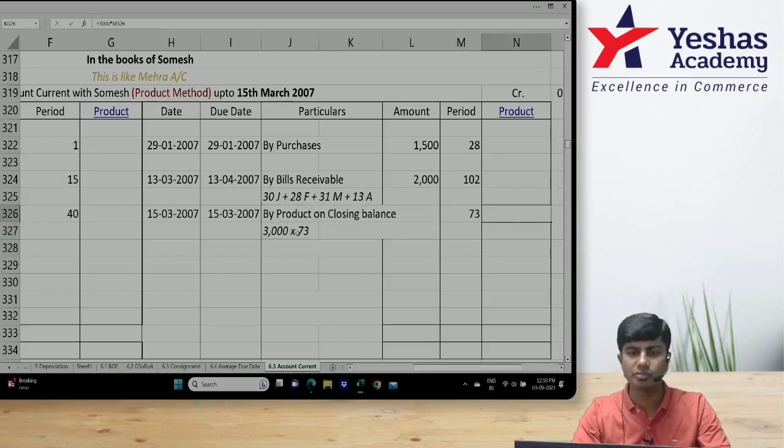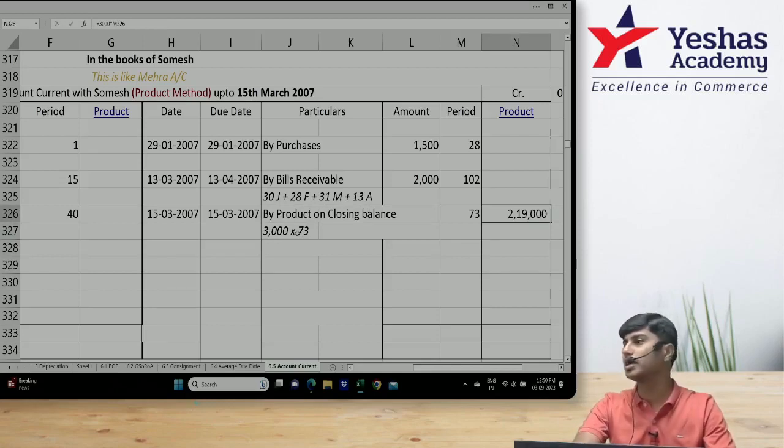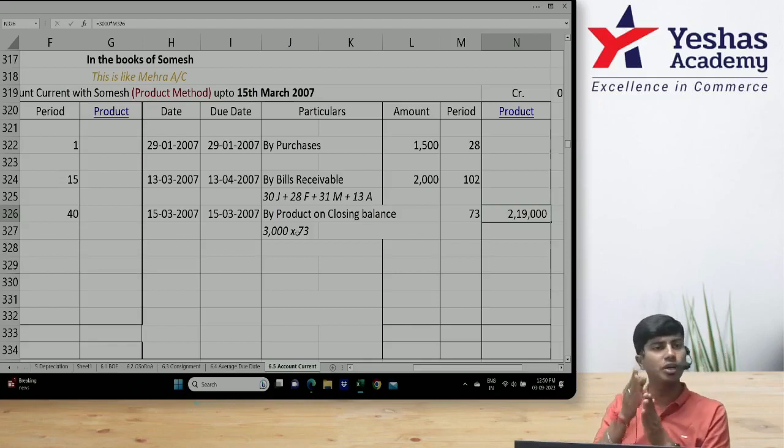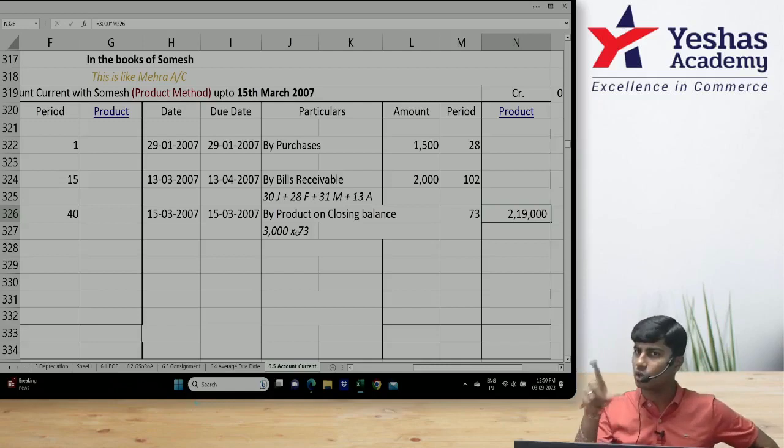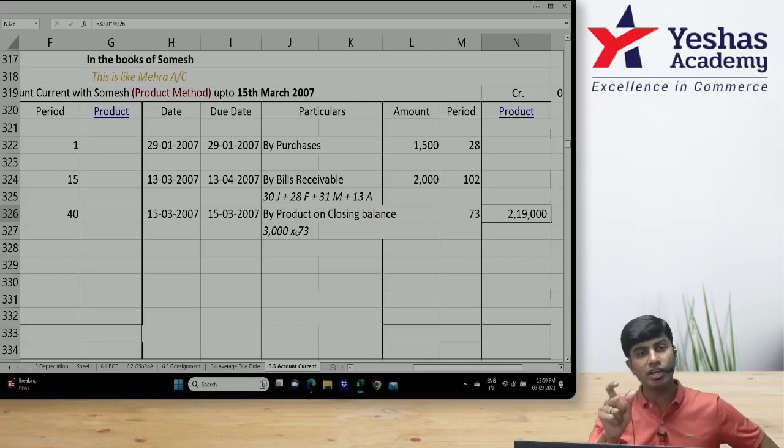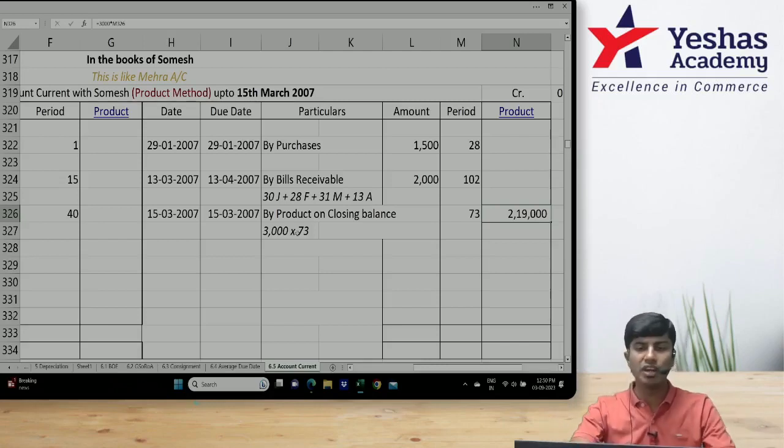What do we get? 2 lakh 19 thousand. Understood? This will be considered in interest. First step we followed correctly: the period is computed from the beginning of the account current to the due date, not from the due date to the end of the account current. Second, find the balance, the same figure in the closing amount column. Closing balance, don't write. Find the entire account current period and for that compute the product.